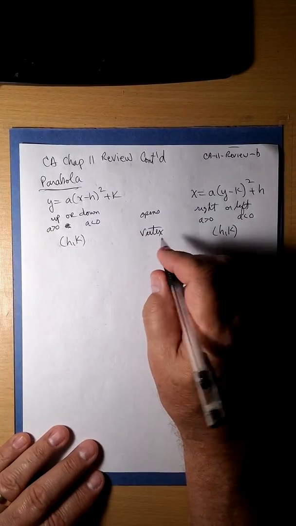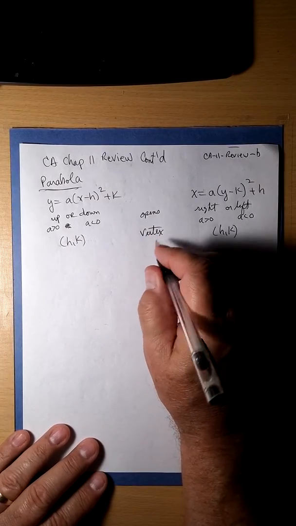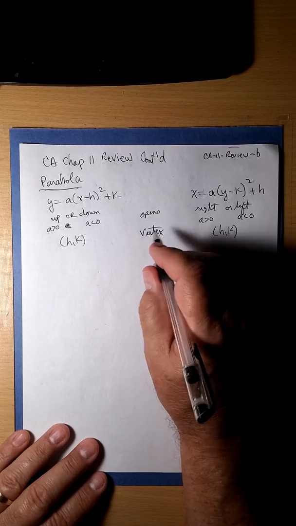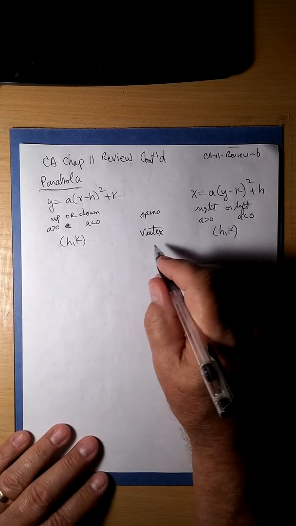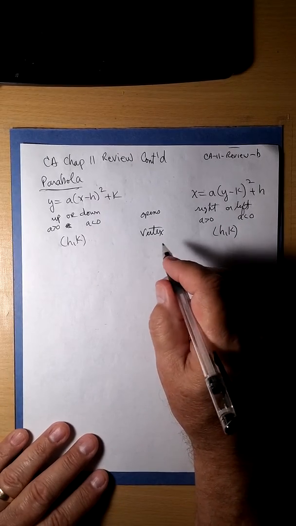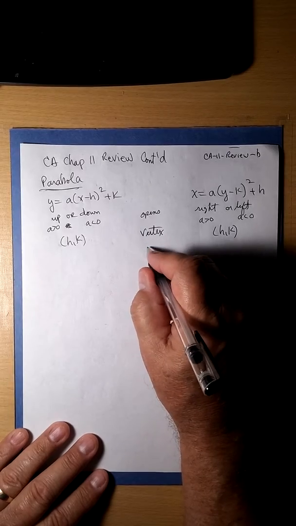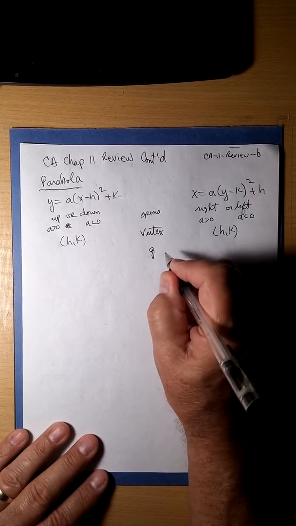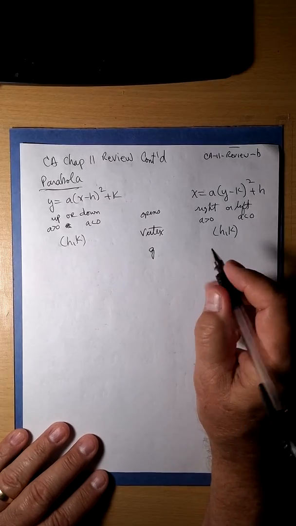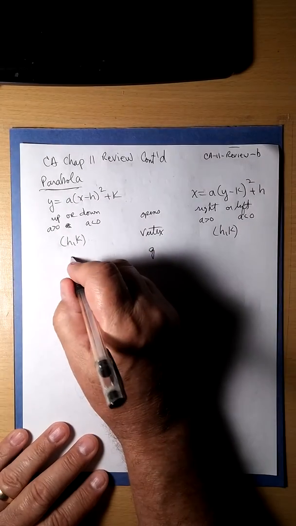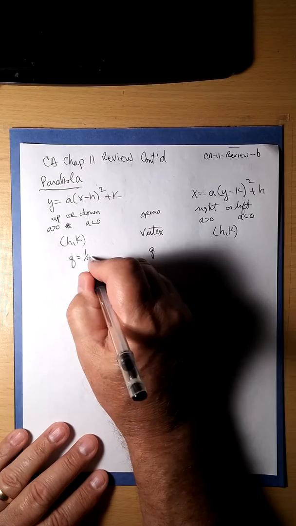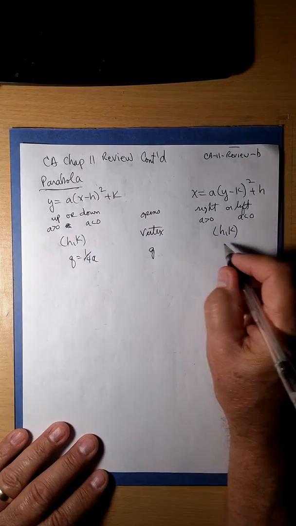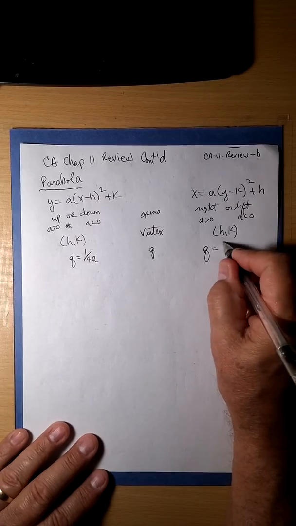Also, if we wanted to determine what the focus is and what the directrix is, we need the value of, some books call it c, some books call it other stuff. I'm going to call it q. For both of these, q is equal to 1 over 4a.